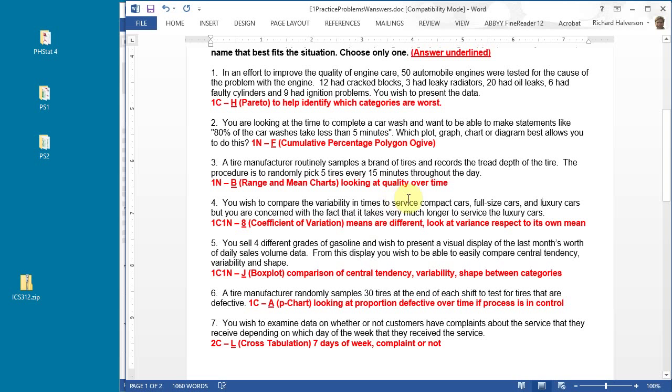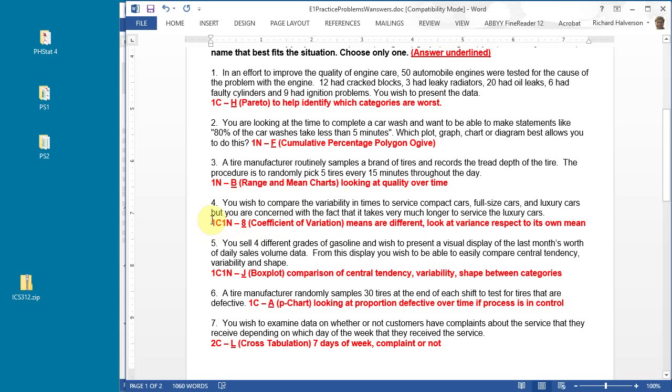So that means we have a bunch of data on times to service in each of these 3 categories, and we want to compare the variability. We want to compare how much the times vary. The fact that luxury cars take a whole lot longer means you can't really compare them against each other. You need to compare them against themselves. So coefficient of variation is really the one that we want to look at there.